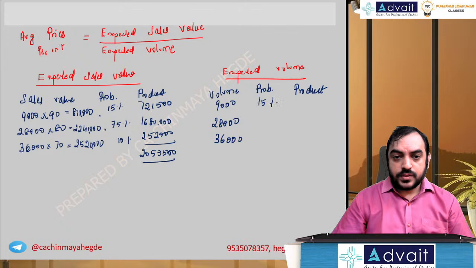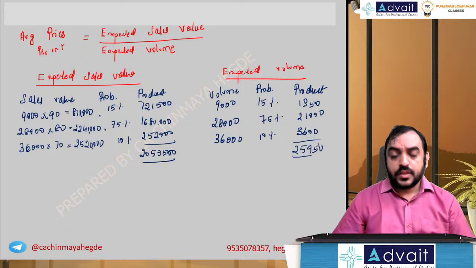Probability 15%, 75%, 10%. So that is 1,350, 21,000 and 3,600. Total 25,950.